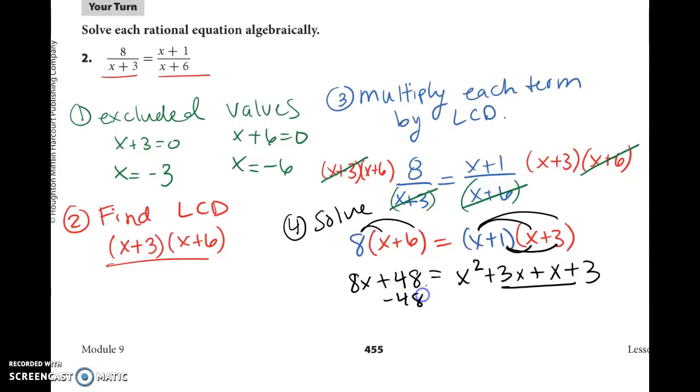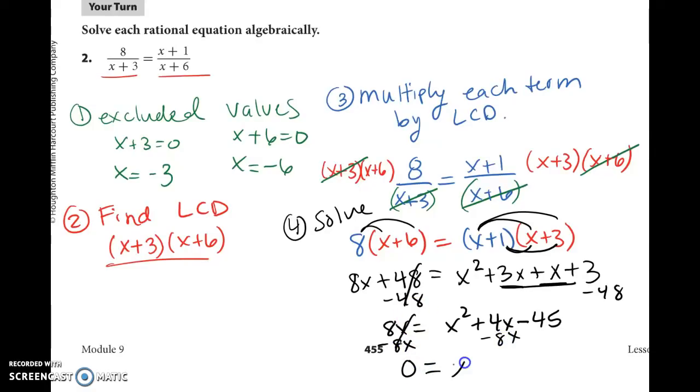And I'm going to subtract that 48 at the same time. So 8x equals x squared plus 4x, because that 3x and 1x gave me 4x. And I get a -45. And now I need to subtract 8x. So I have 0 equals x squared minus 4x minus 45.